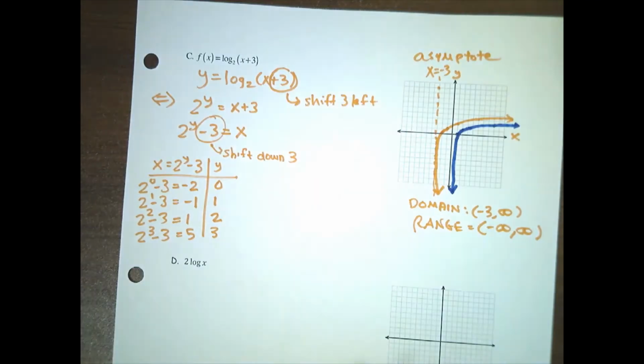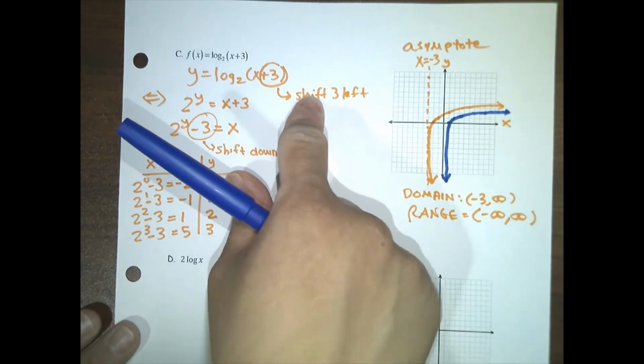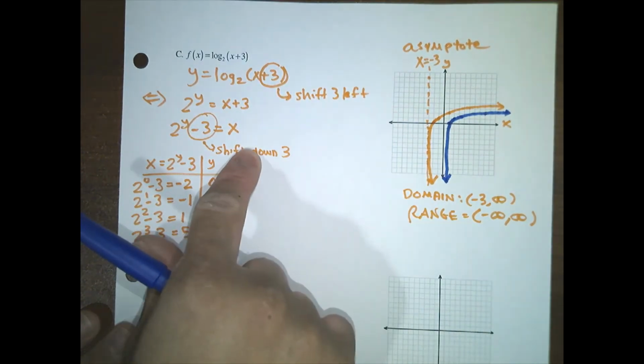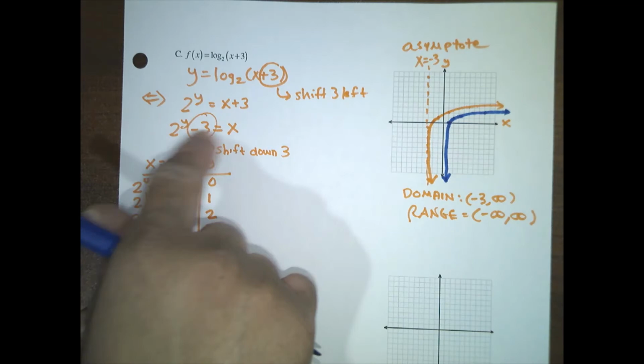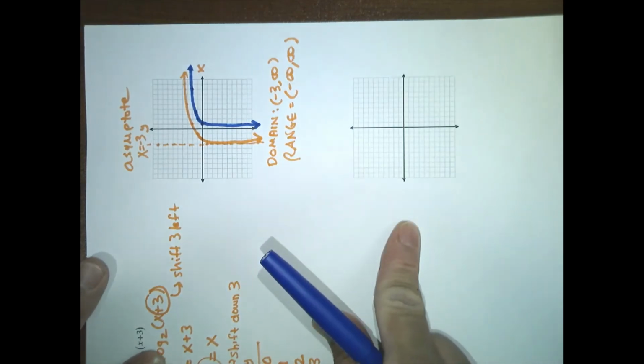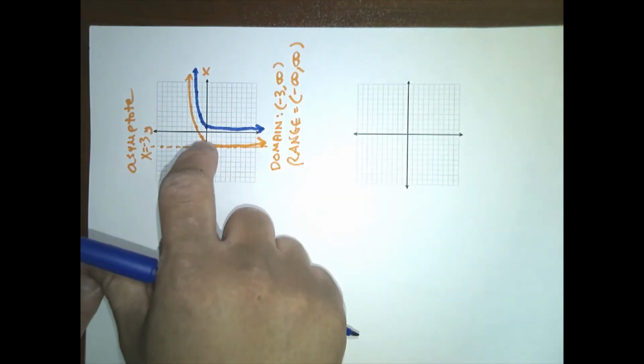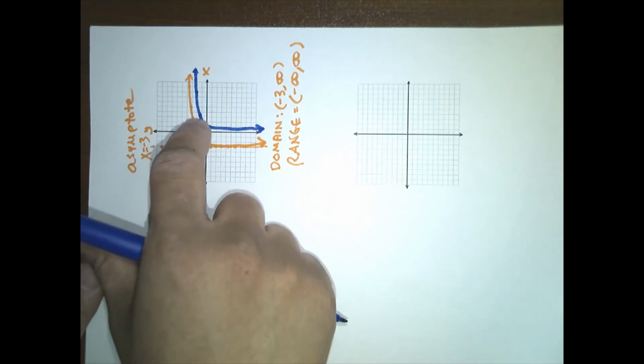All right, now why is this saying it shifted 3 left and this is saying shift it down 3? Well, this is saying that the graph of 2 to the y is shifted down 3, not 2 to the x. So if I actually turn the paper here, then you can see the shift down 3 of 2 to the y.